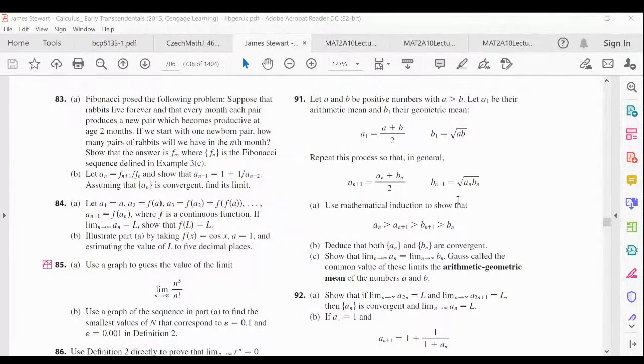Now you need to use the next bit of information, which becomes productive at age 2 months. Right?